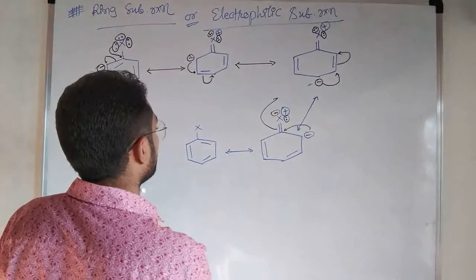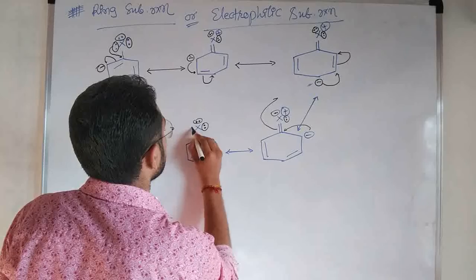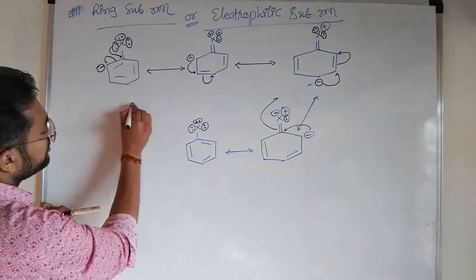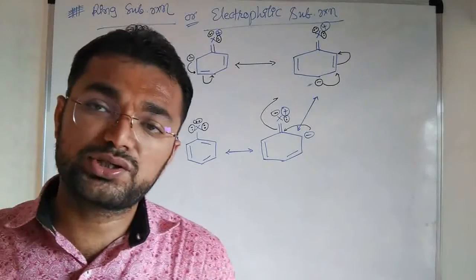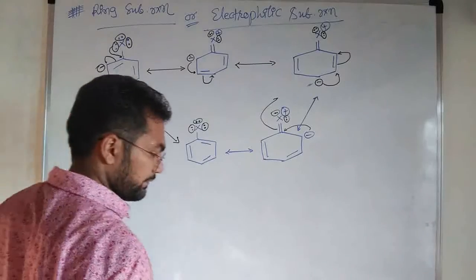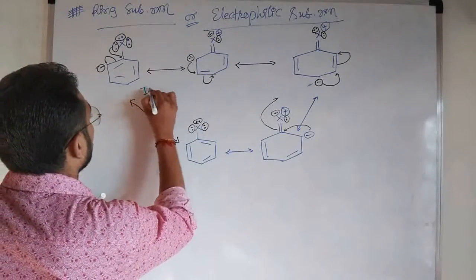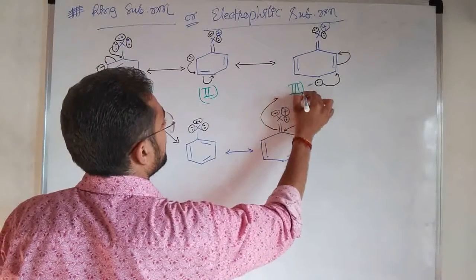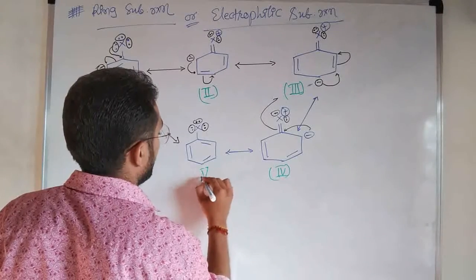Here the arrangement of lone pairs is like this and like this. Okay, so both structures are interconvertible. I am saying here structure number 1, 2, 3, 4 and 5.